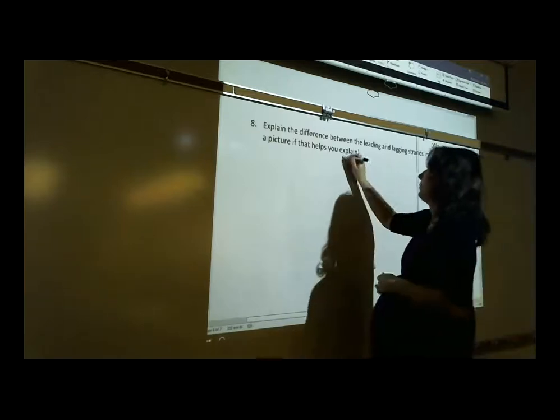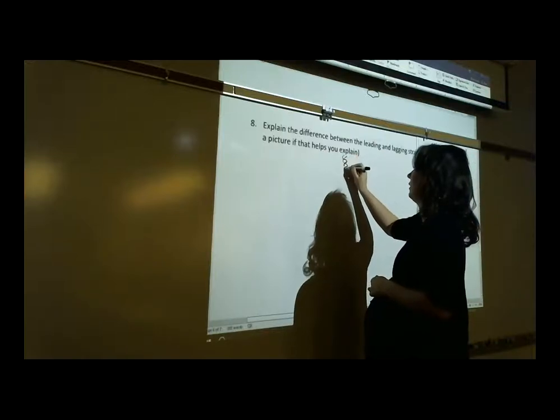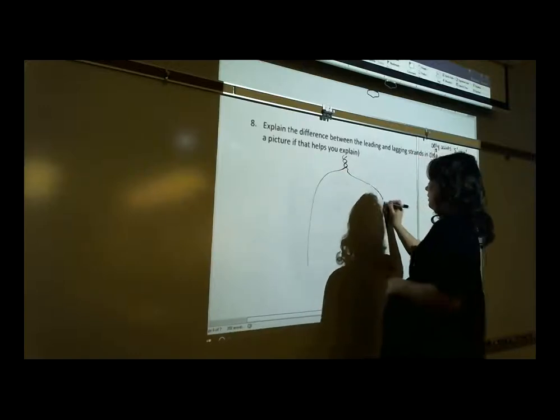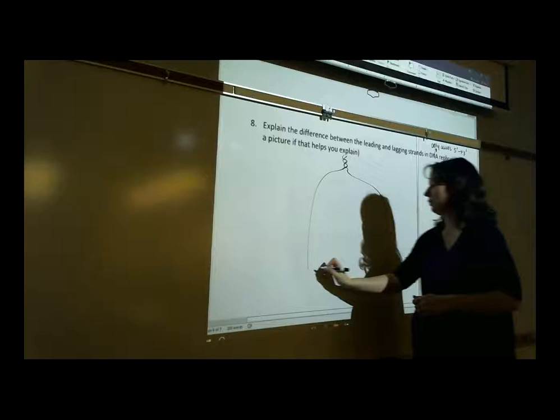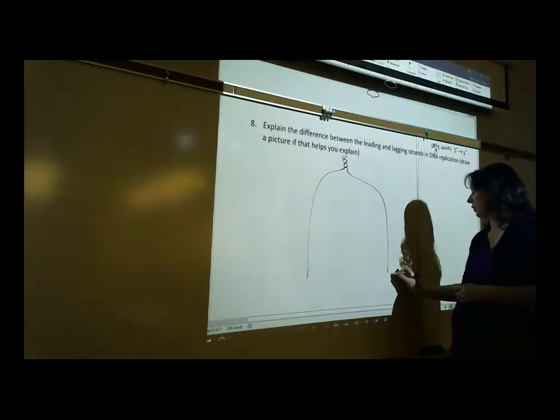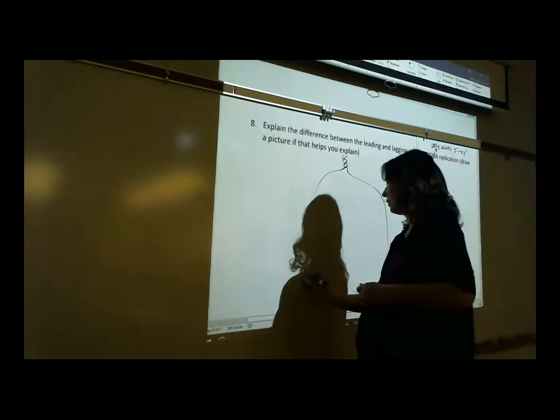So if you've got your parent DNA, let's make ourselves a big replication fork just to make plenty of room to draw. Okay, so let's just arbitrarily choose this one to be 5', this one to be 3'.